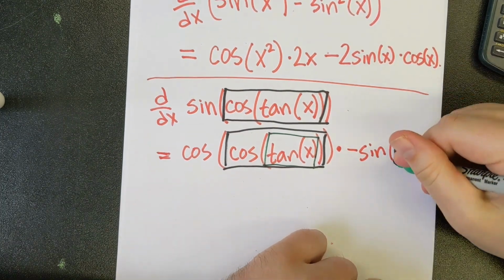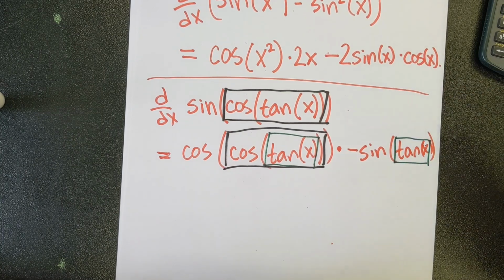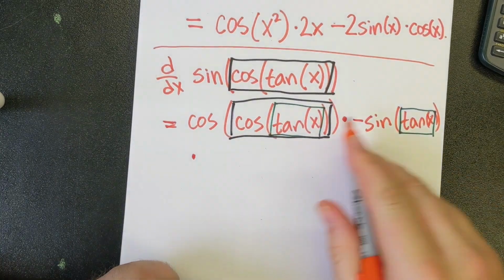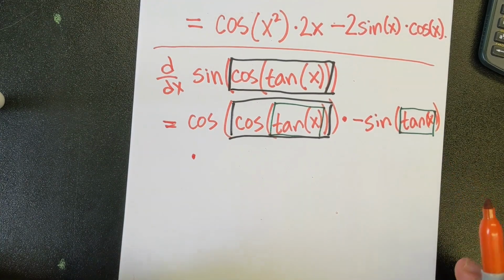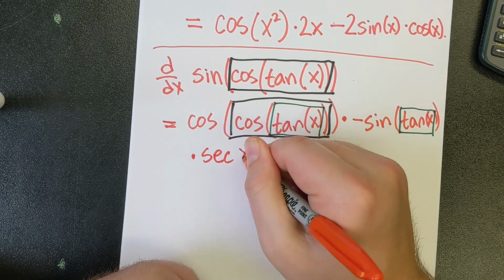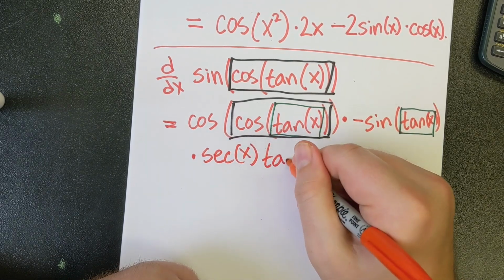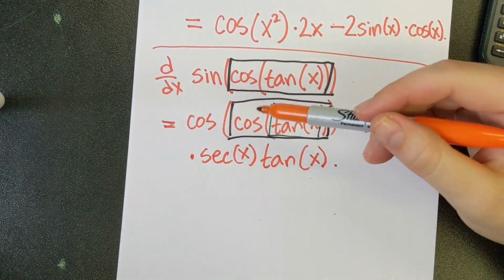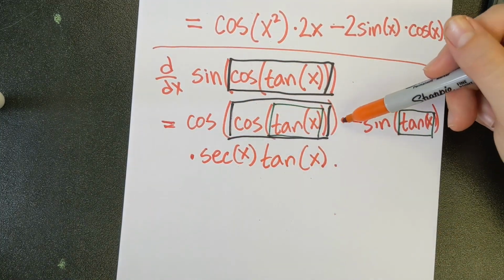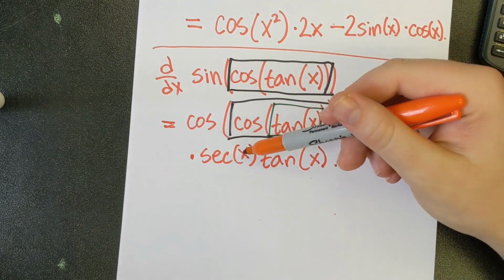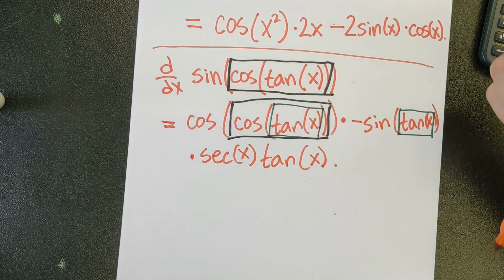And then we said, okay, we left the tangent the same, but to finish off the chain rule, I need to then times it, so it's all been timesed together, by the derivative of tangent, which is secant of x times tangent of x. So I know this is a mess, but it's cosine of tangent times negative sine of tangent times secant times tangent.